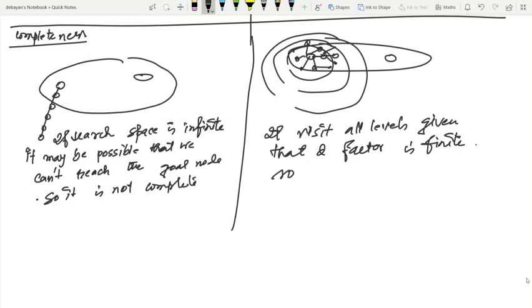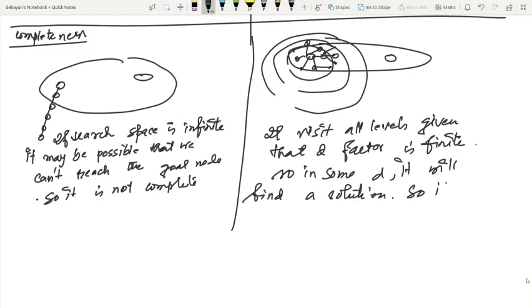So in some depth D it will find a solution, so you can say it is complete.